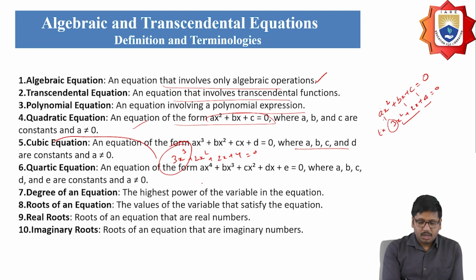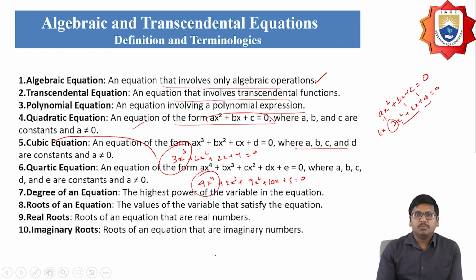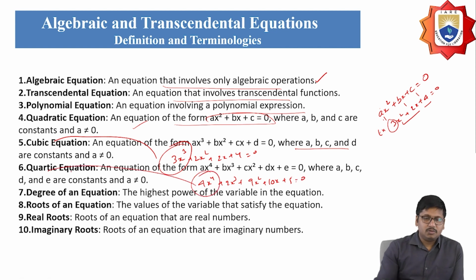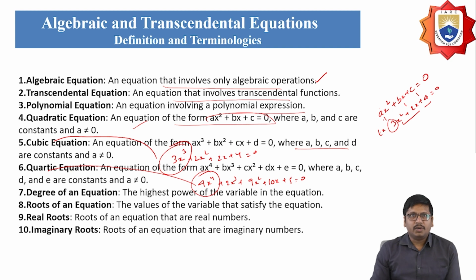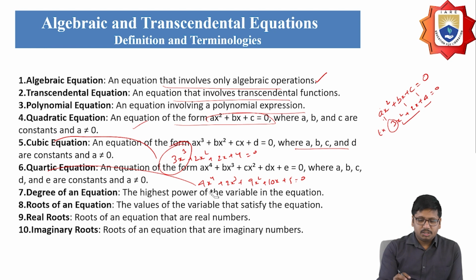And if I have an equation like 4x power 4 plus 2x cubed plus 9x squared plus 10x plus 5 equal to 0, it is of power 4, so it is called a biquadratic equation.